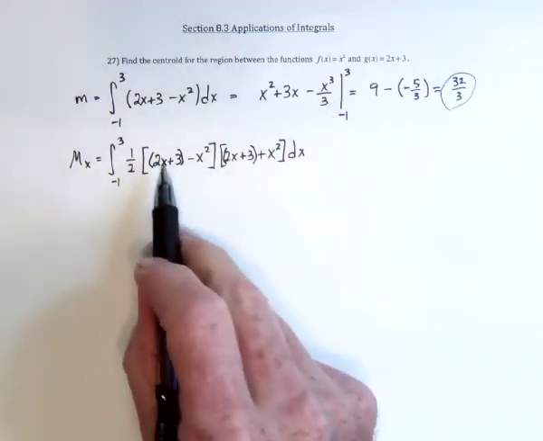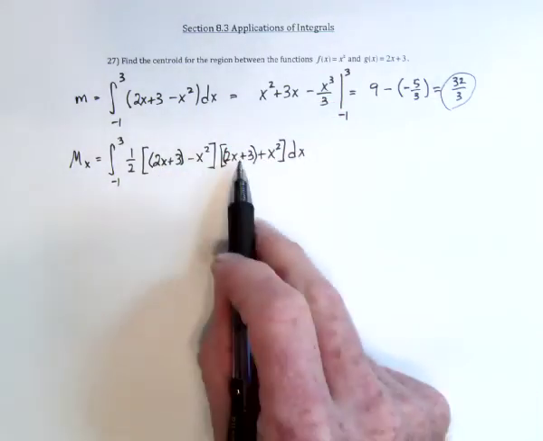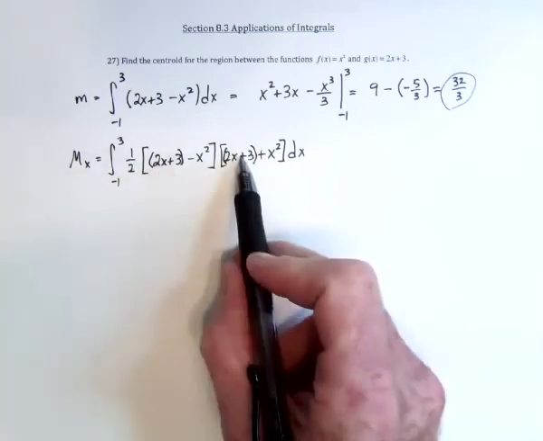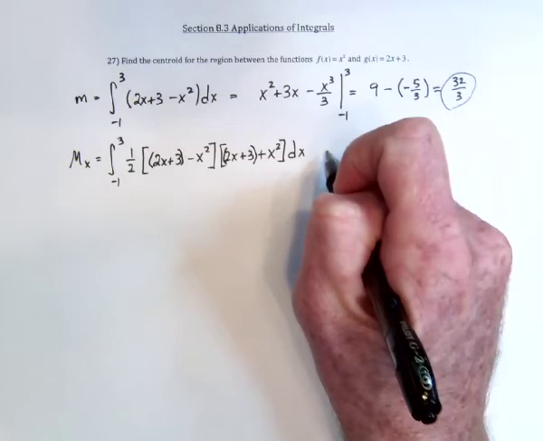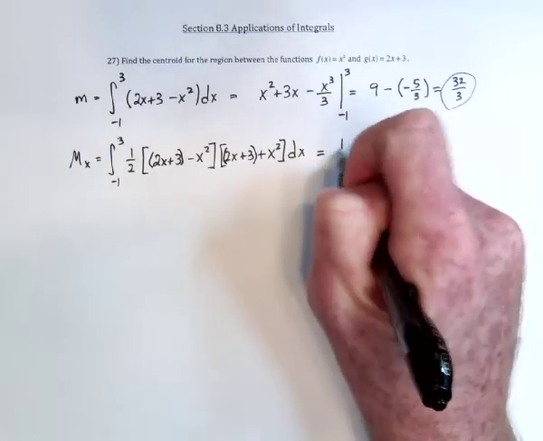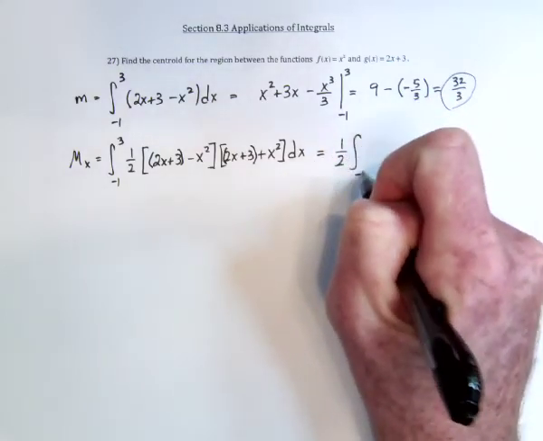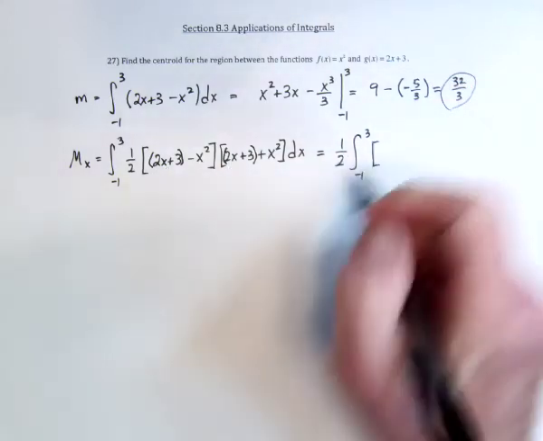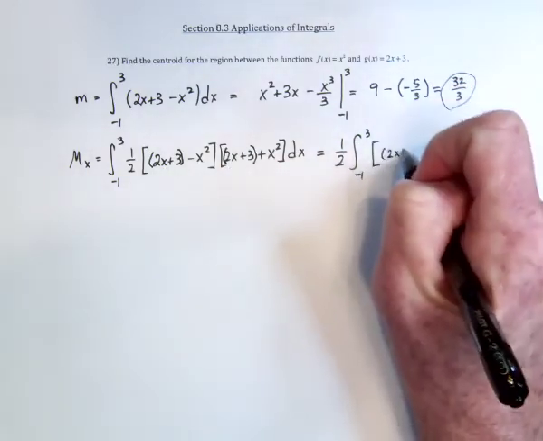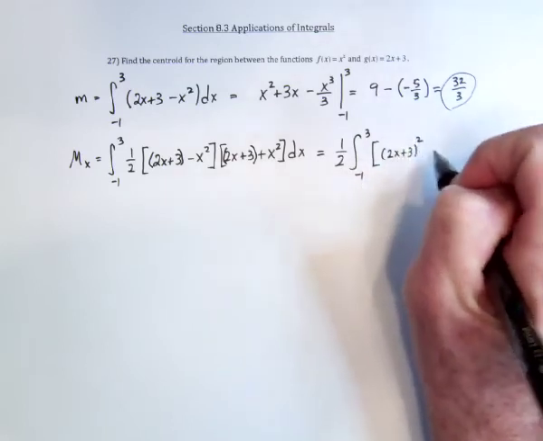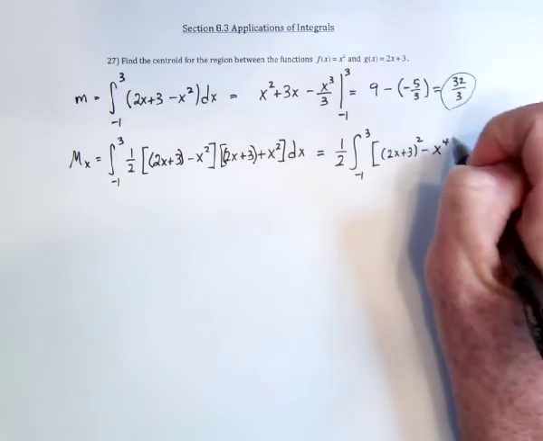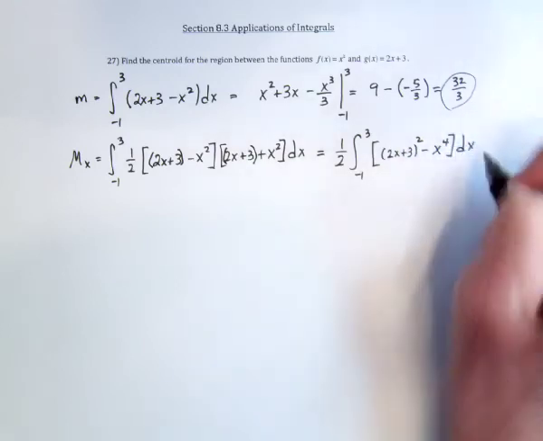So we really just need the first one times the first one, and the last one times the last one. That's 2x plus 3 squared, minus x to the 4th. And that's what we need to integrate.